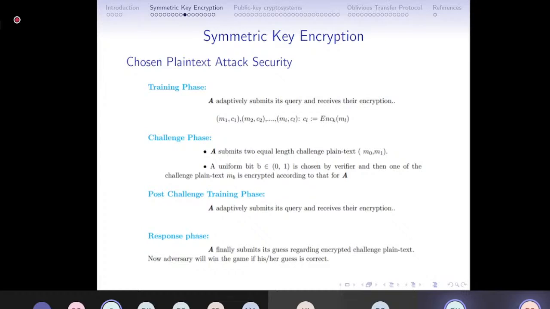Now the aim of the attacker is to finally guess whether the encryption we have done was of M0 or M1. If he successfully guesses, then we say that our scheme is insecure. Otherwise, we say that our scheme is secure. So this is the actual meaning behind the chosen plaintext attack.